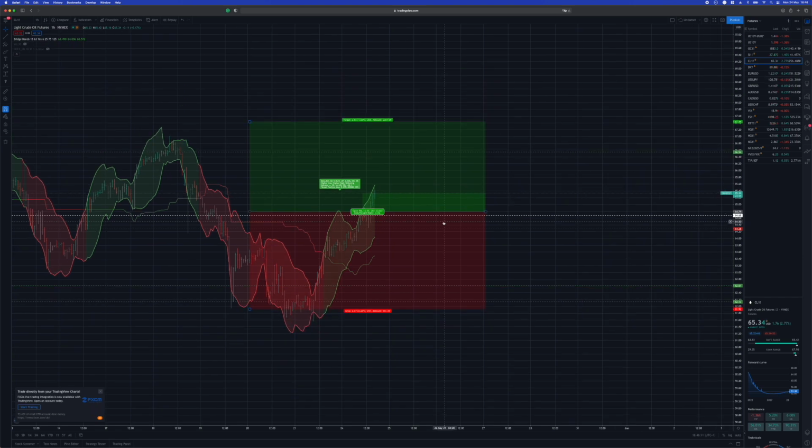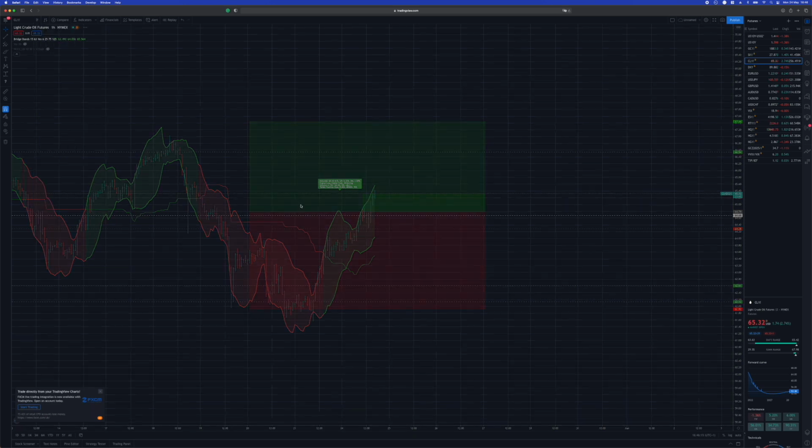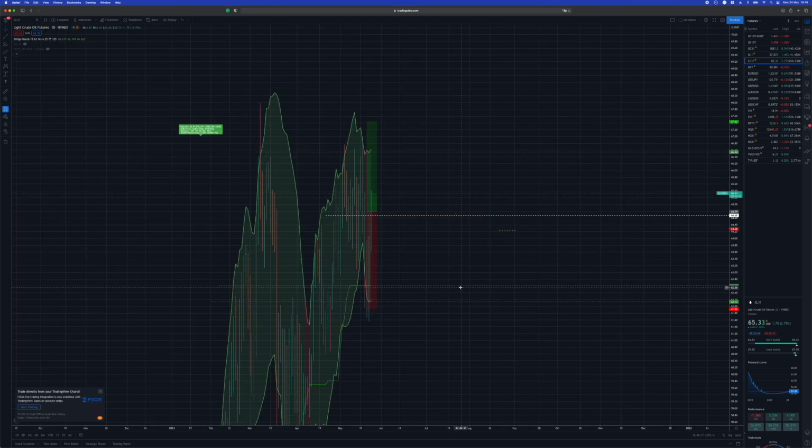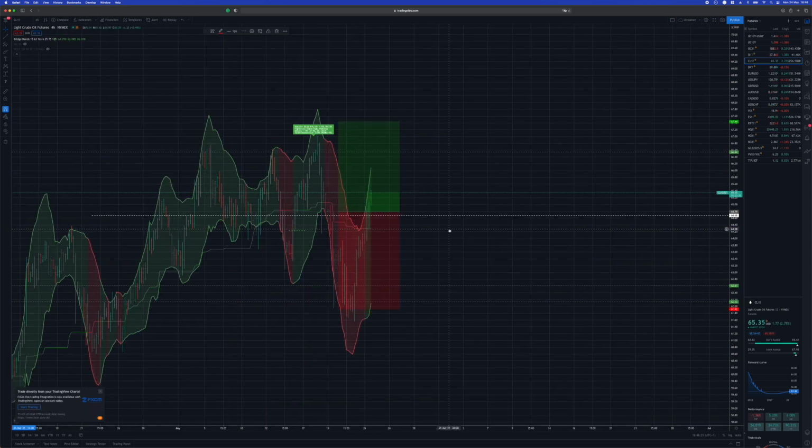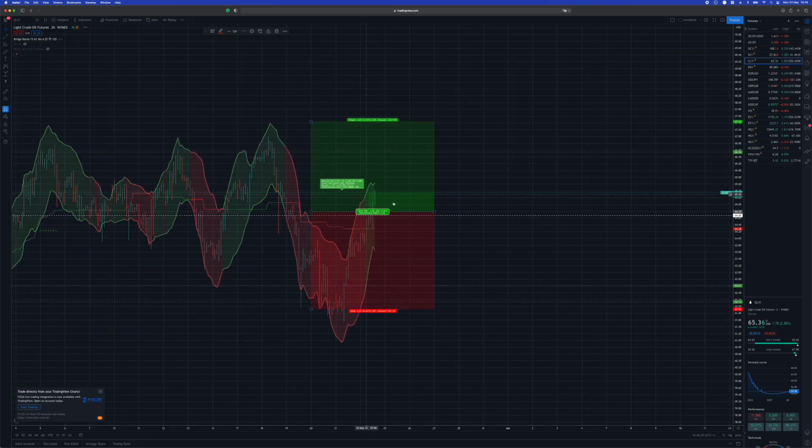So this is WTI. Let's go up. So the trend is here. The 4 hour is here. The 2 hour. Yeah, so the 4 hour and the 2 hour.